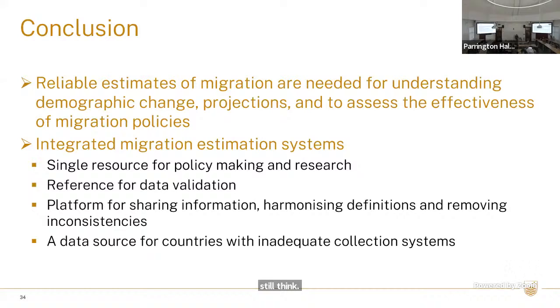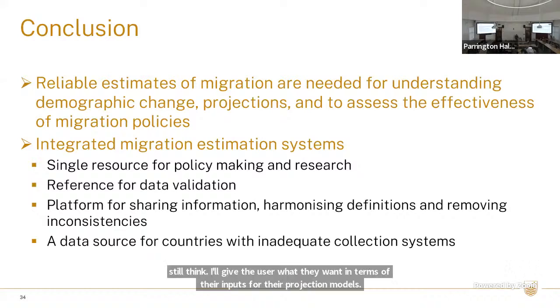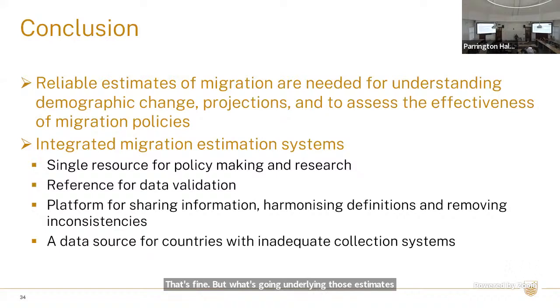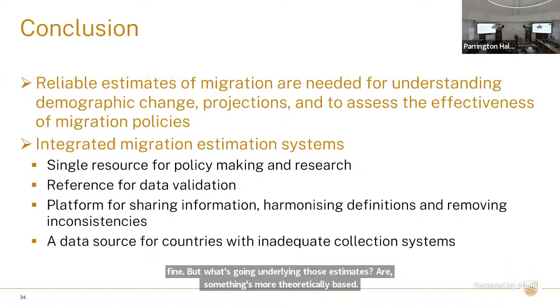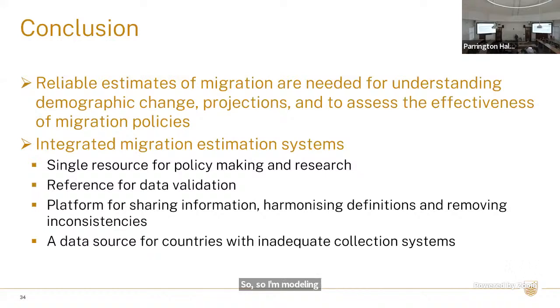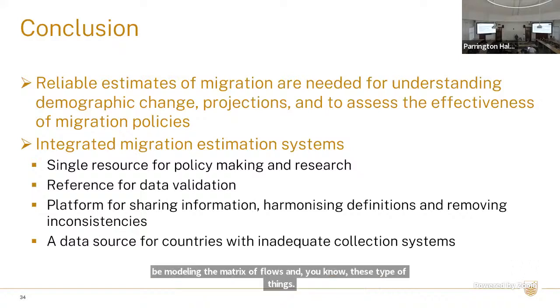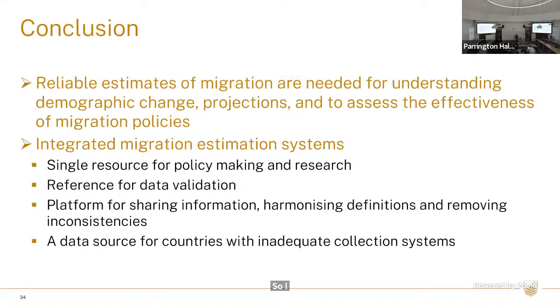But what's underlying those estimates is something more theoretically based. So I'm modeling the flows and then taking the differences. I also like to think I'm trying to corrupt them a bit by saying you should really be modeling the matrix of flows. You have to start somewhere. You have to be pragmatic at times.